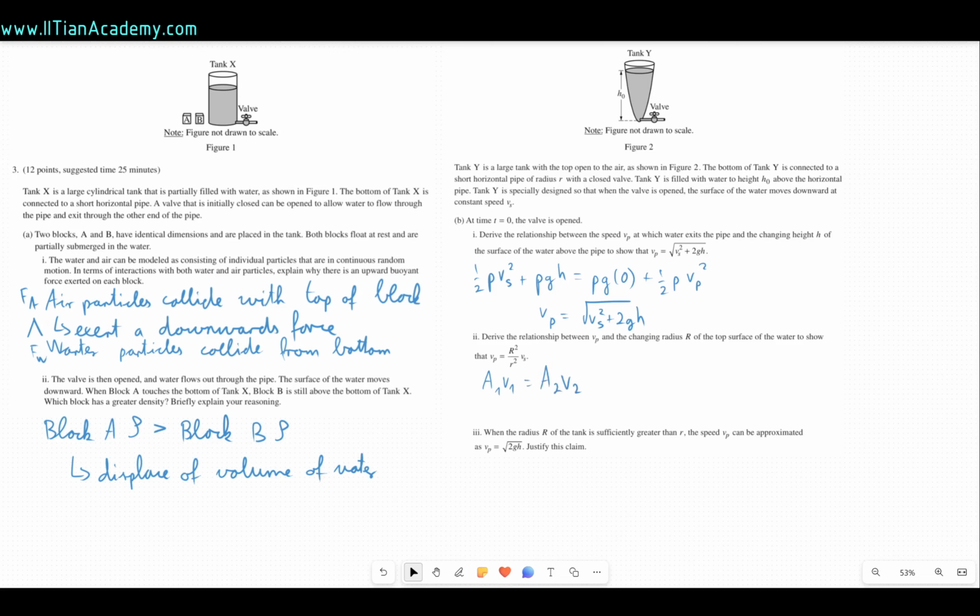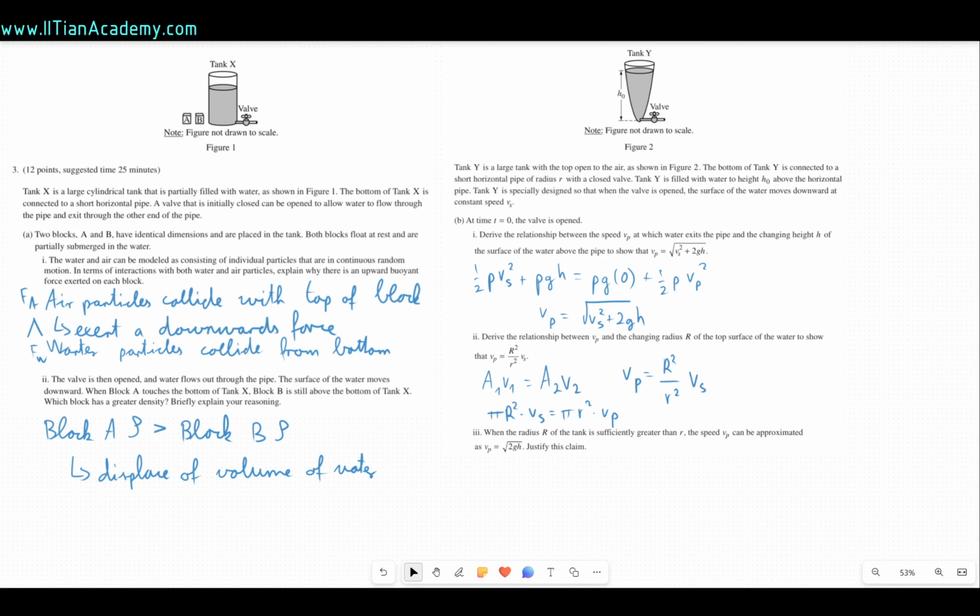The first surface area is pi big R squared times Vs. The second surface area is pi times small r squared times Vp. We can rearrange this for Vp to find that this is big R squared over small r squared times Vs.